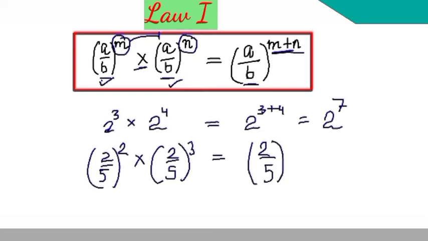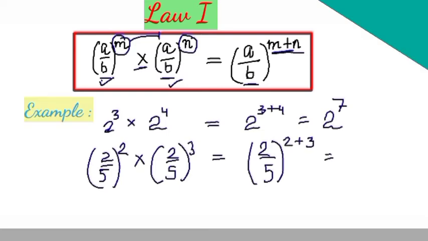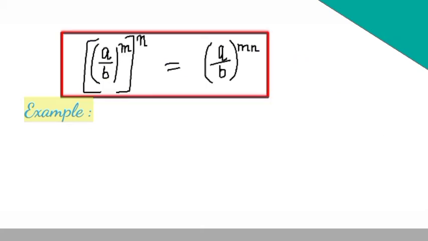It means 2 plus 3. So it will be equals to 2 upon 5 and the power will be 5. Right? So this property is, if bases are same and we are multiplying two rational numbers, then powers will be added. Right? Now let's move to the next law.